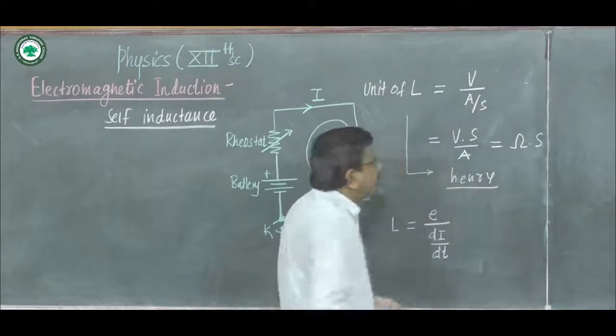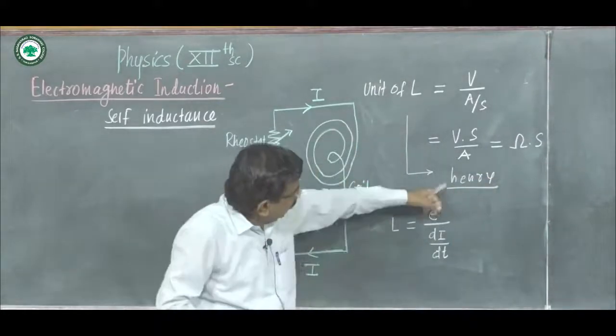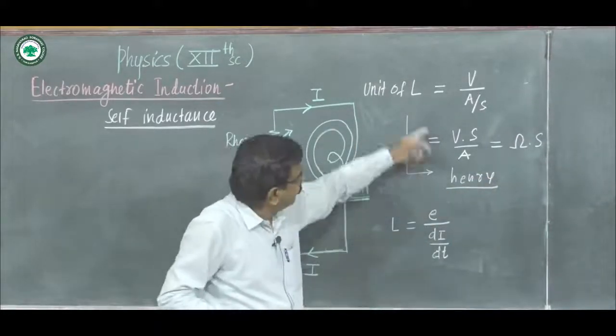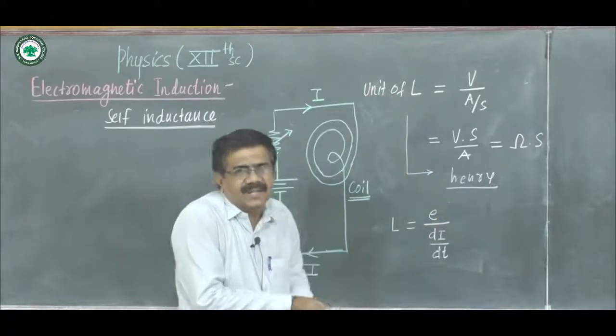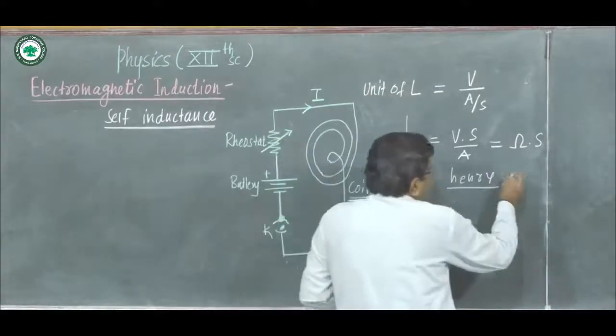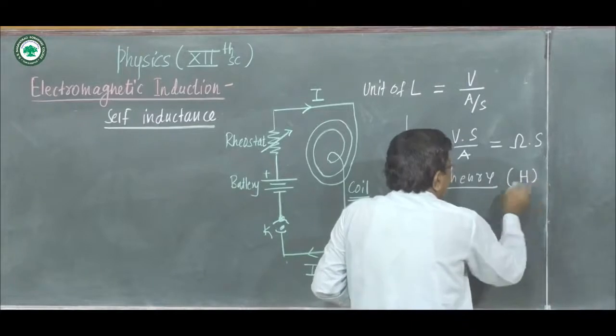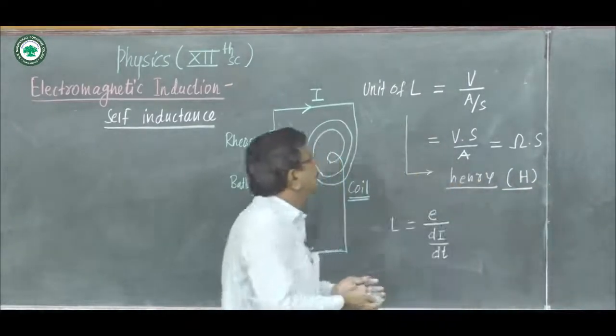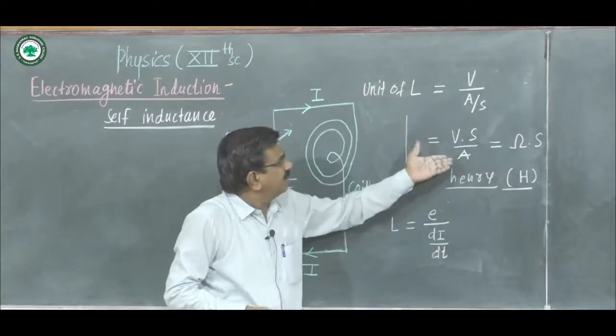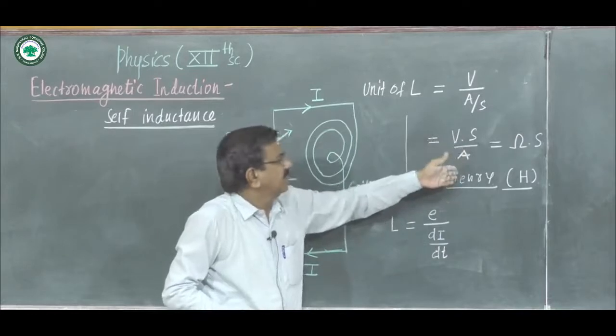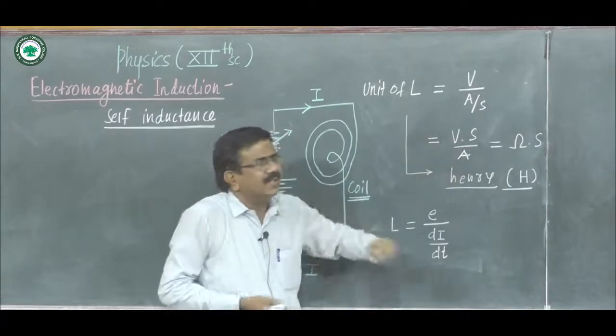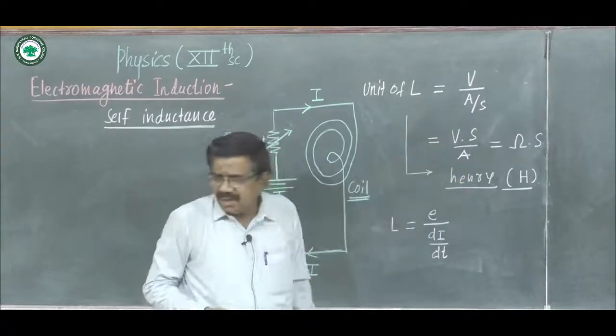While writing the full name, use small letter henry. Unit of self inductance is henry, denoted by H. So these are the different units: volt second per ampere, ohm second, or henry.